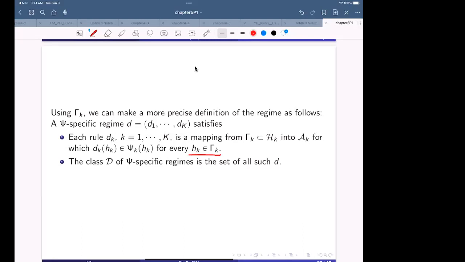The history should not be just a vague whole possible history; rather it's a history satisfying the sequential positivity condition. And then for that, this regime can be defined. So this is the one, like a tau k to psi k.